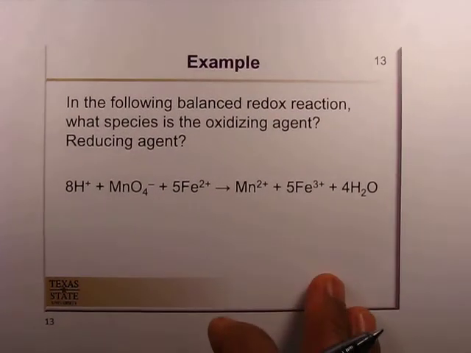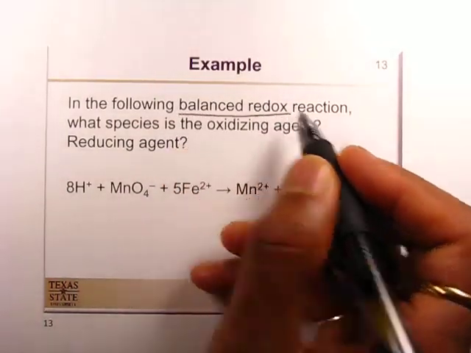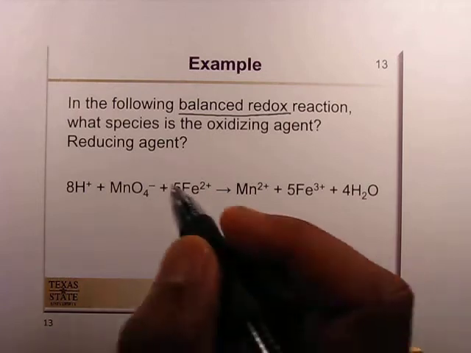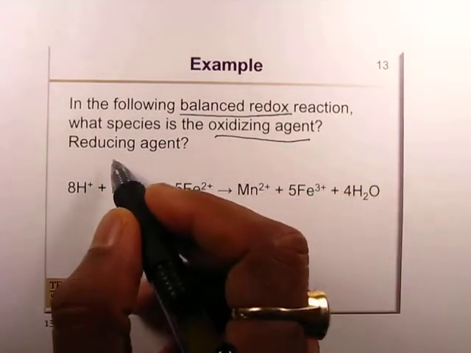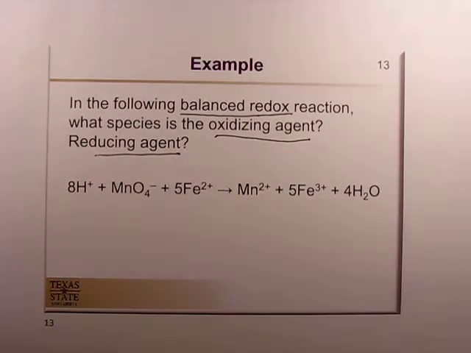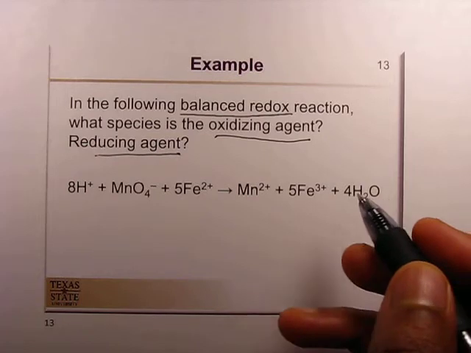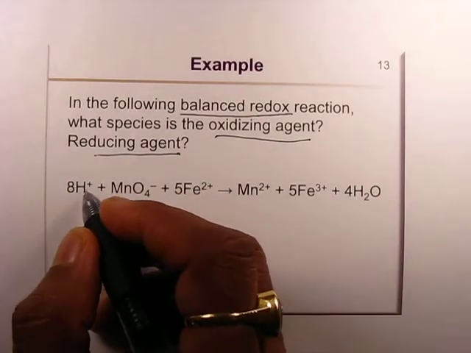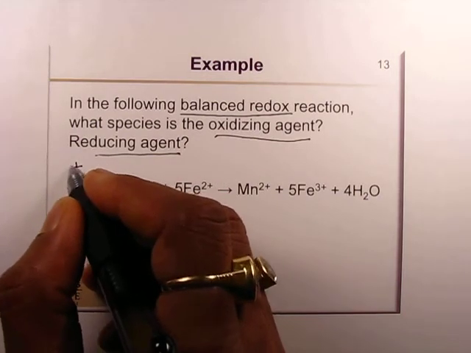In the following balanced redox reaction, which is given here, what species is the oxidizing agent and what is the reducing agent? What we have to do is find the oxidation number of each element. Here hydrogen has a +1 oxidation number.